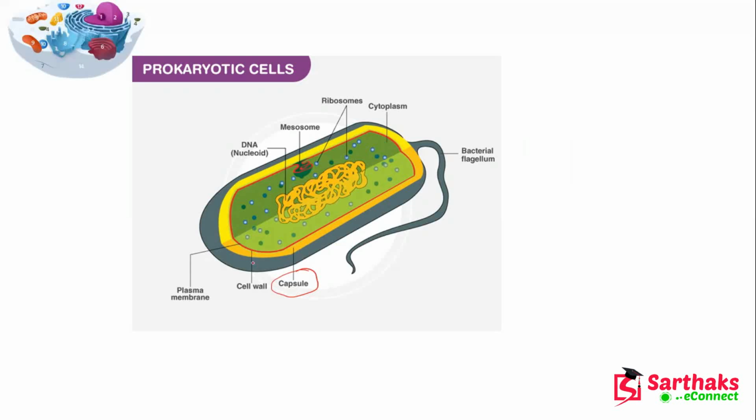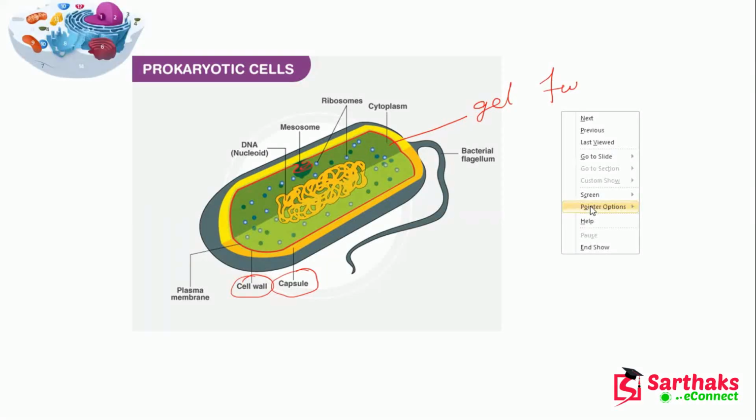Then you have the cell wall, which binds the cytoplasm, and this is the plasma membrane. Inside this plasma membrane you have some gel type liquid, that is the cytoplasm.